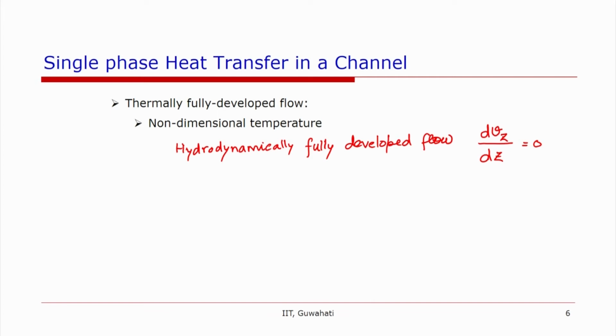So, the velocity profile is not changing along the axial direction. So, if we look at the velocities at two different locations x1 and x2 in the channel, then we will find that the velocity at the corresponding radial locations are same in both the cases.